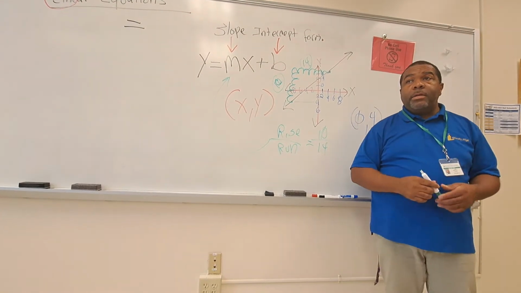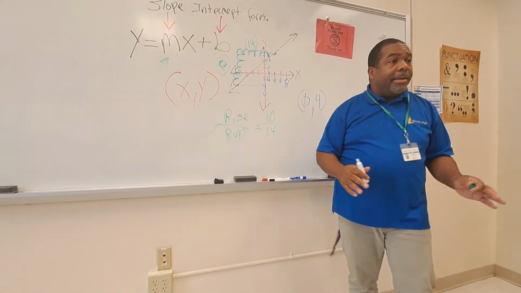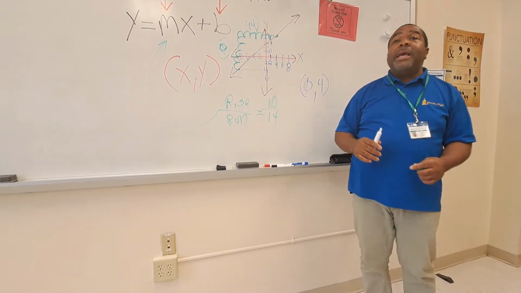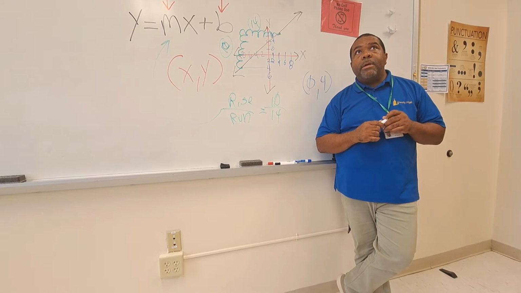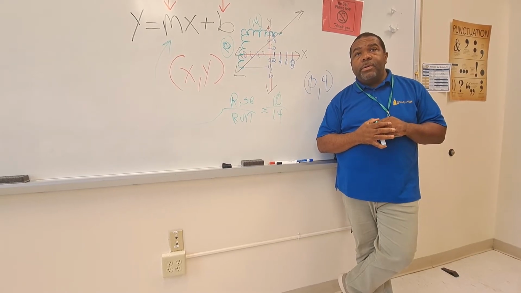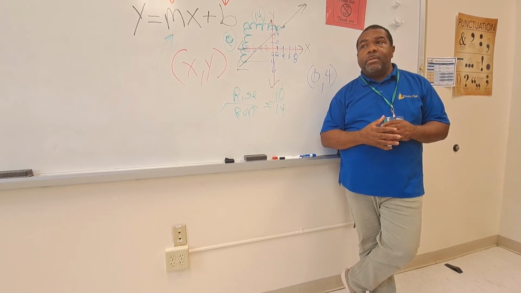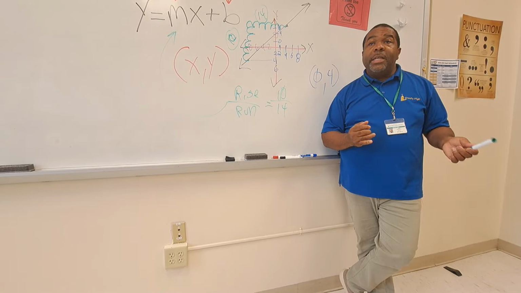Divide by what? 2. All right, now I want to simplify. So 10 and 14, I can divide by 2. Anytime you see an even number, you can always divide an even number by 2. 10 is an even number. 14 is an even number.